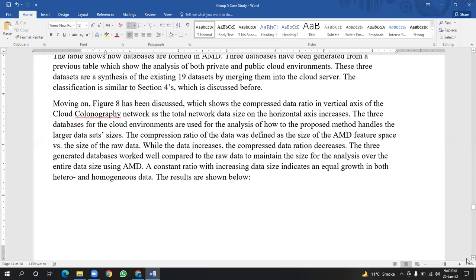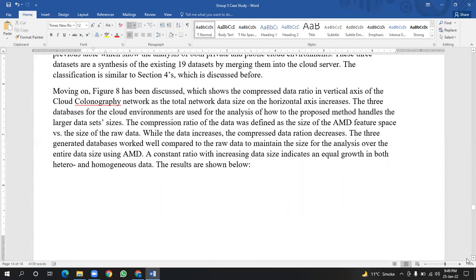Moving on, we will discuss one of the figures which shows the compressed data ratio on the vertical axis of the cloud colonography network as the total network size on the horizontal axis increases. The three databases for the cloud environment are used for the analysis of how the proposed method handles larger data set sizes.